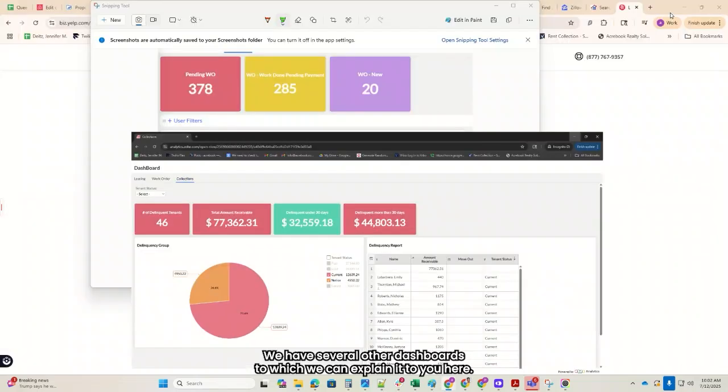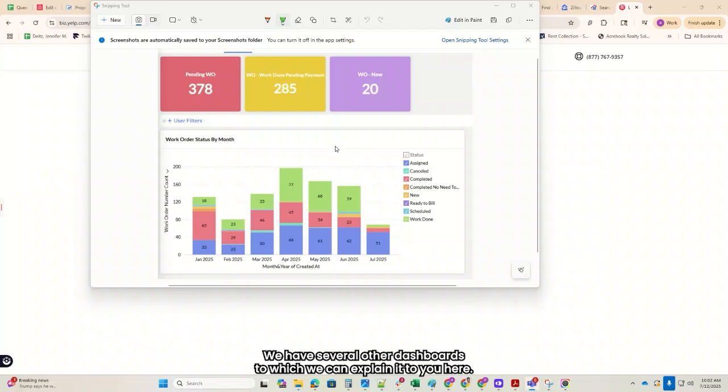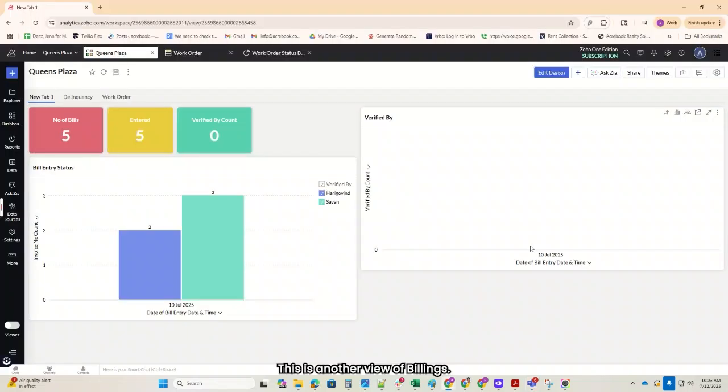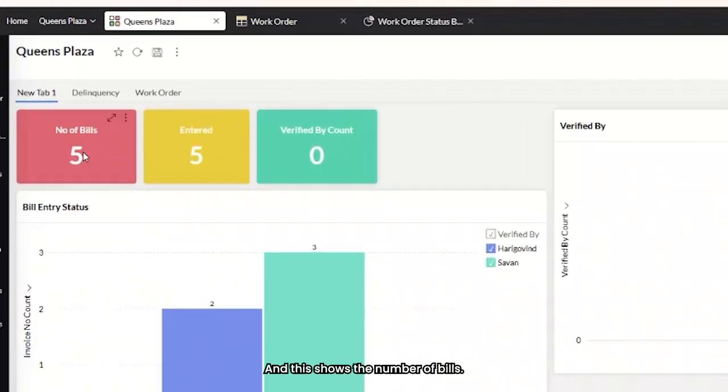We have several other dashboards too, which we can explain to you here. This is another view of billings. How many invoices are processing, right? Accounts payables. We have a lot of data out there, and this shows the number of bills, how many bills have been entered, how many have been verified. So this shows the total accounts receivables that are pending for entering, right?